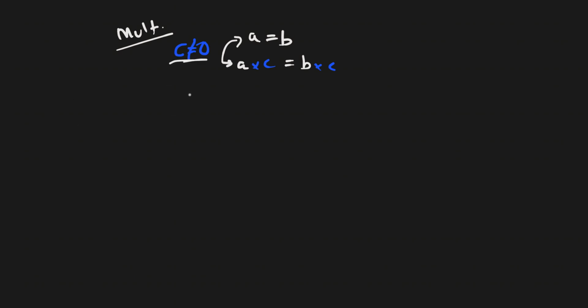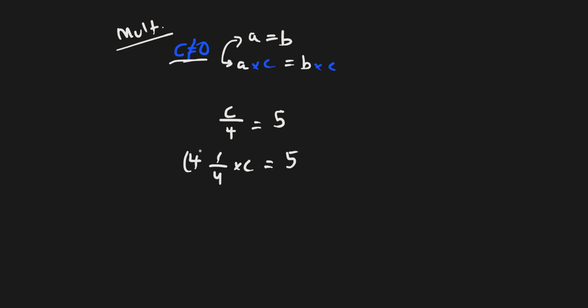So let's look at an example of where you'd use this in solving a problem. Let's say that we had c divided by 4 is equal to, let's do a small number, 5. How would you solve this? Well, this is basically, as I said before, 1/4 times c is equal to 5. In order to get rid of this 1/4, we can multiply by 4.